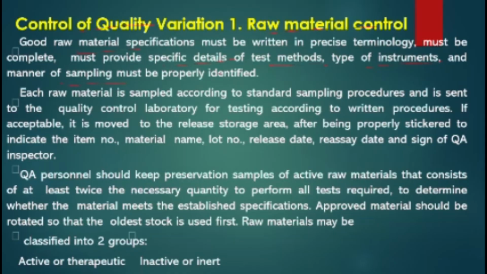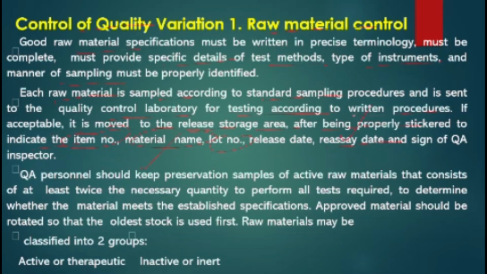Specifications and sampling methods must be predefined, and each raw material is sampled according to the standard sampling procedures and is sent to the quality control laboratory for testing according to the written procedures. If acceptable, it is moved to release storage area after being properly stickered to indicate the item number, material name, lot number, release date, reassay date, and sign of the quality inspector.